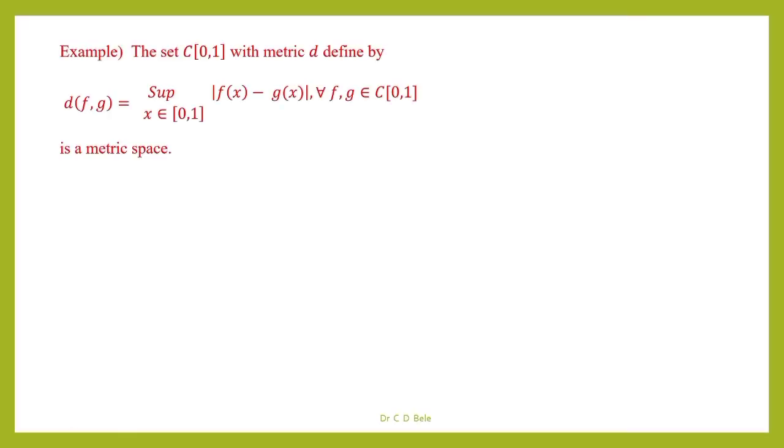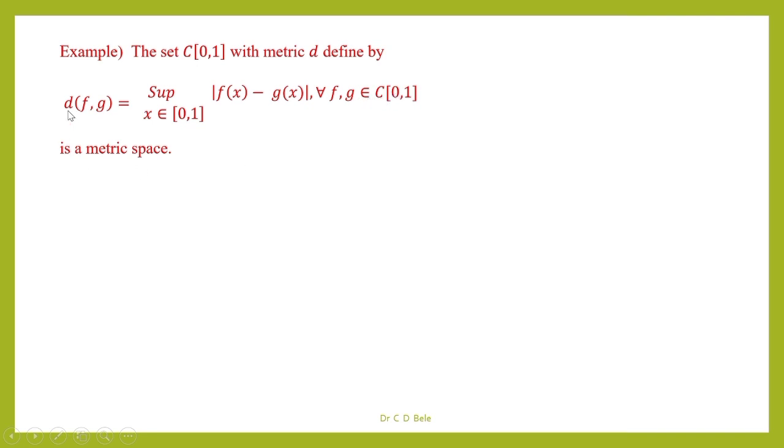So consider the example. The first example is the set C of closed interval 0 to 1, the set of continuous functions on the closed interval 0 to 1, with metric d defined by d of f, g is equal to supremum of absolute value of f of x minus g of x, x belongs to the closed interval 0 to 1, for all f, g belonging to the set of continuous functions on the closed interval 0 to 1.